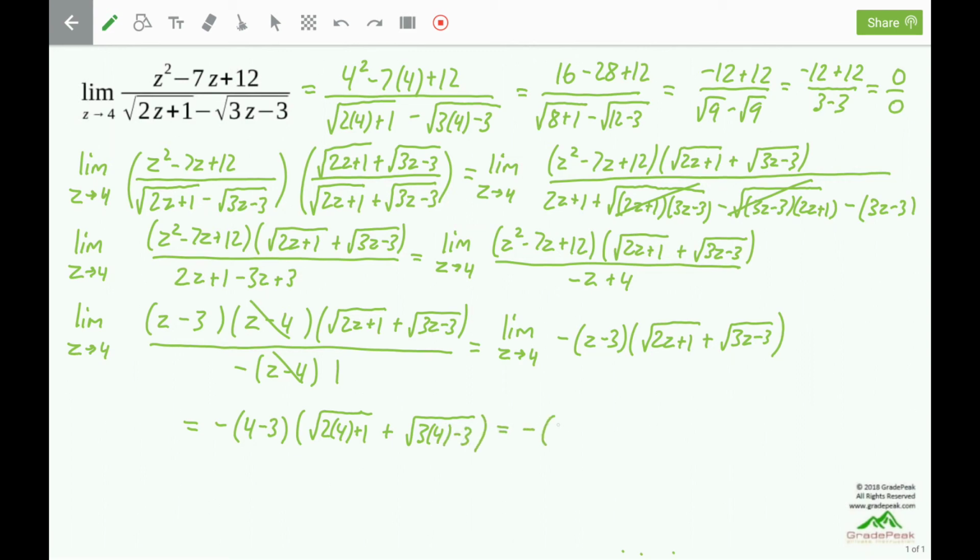So it's a negative of 4 minus 3 is a 1. And then we will have the square root of 2 times 4, which is an 8, plus 1, plus the square root of 3 times 4, which is a 12, minus 3. So we're going to have a negative times the square root of 9, plus the square root of 9. So negative of 3 plus 3, or negative 6.